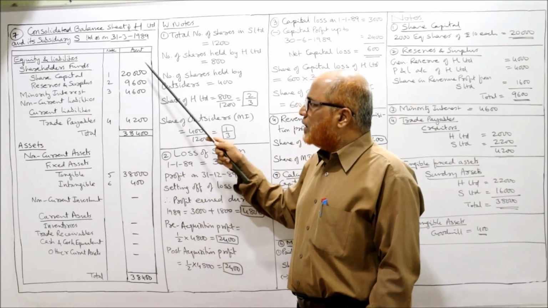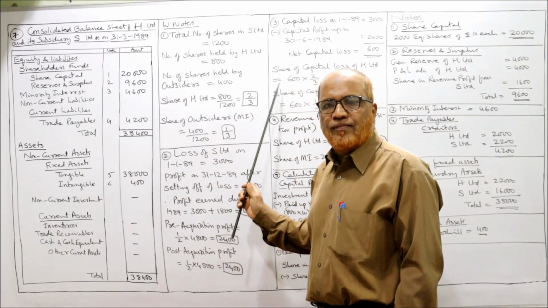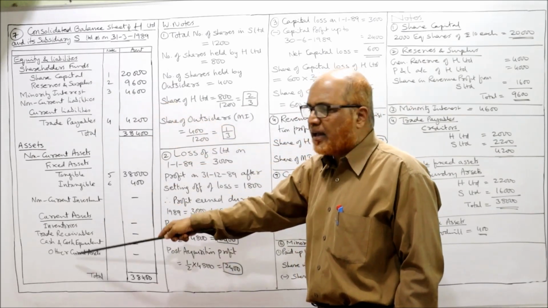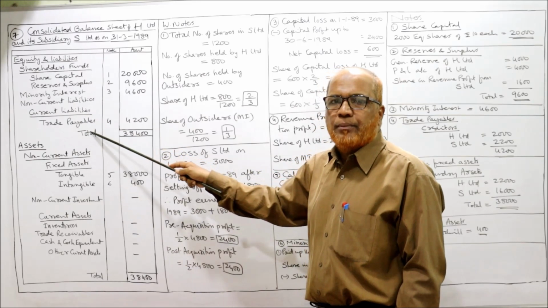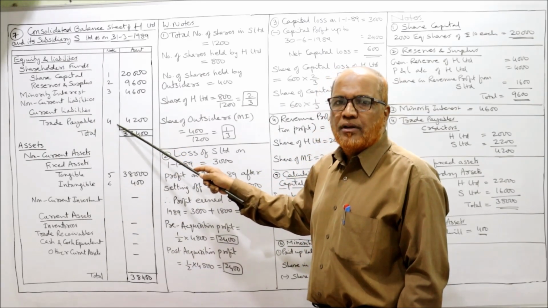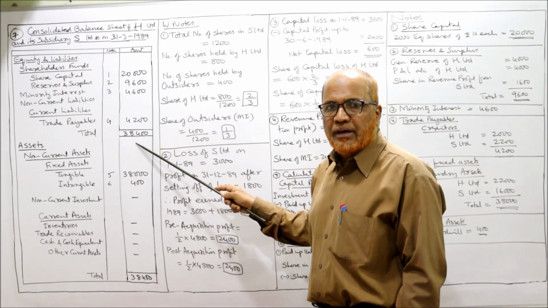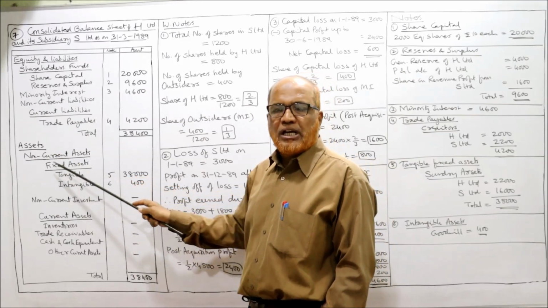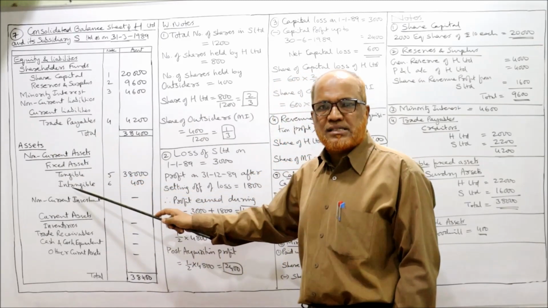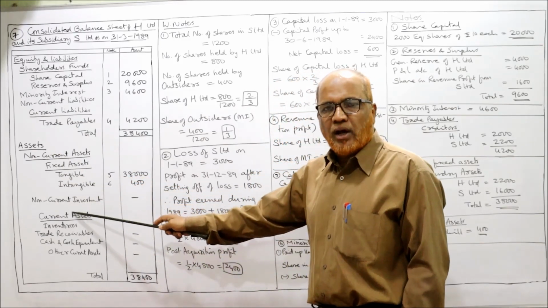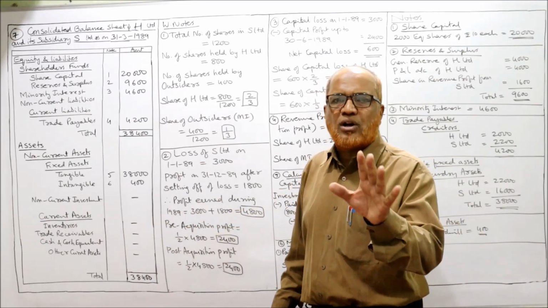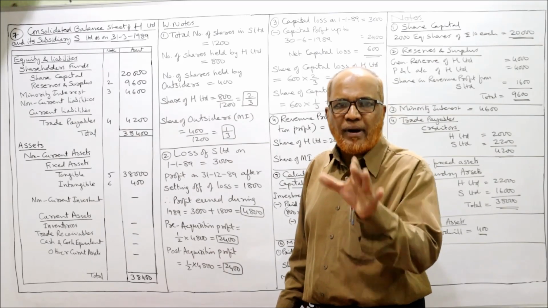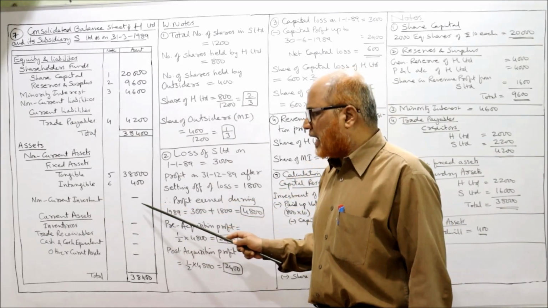We have to calculate all these amounts in notes. First of all, you take all this blank balance sheet with note numbers. Then current liability, trade payable, note number 4. The total of liabilities. Then assets, non-current assets, tangible assets, intangible assets, non-current investments. Even if it is not there, for the sake of format, we are writing it down, put a dash.